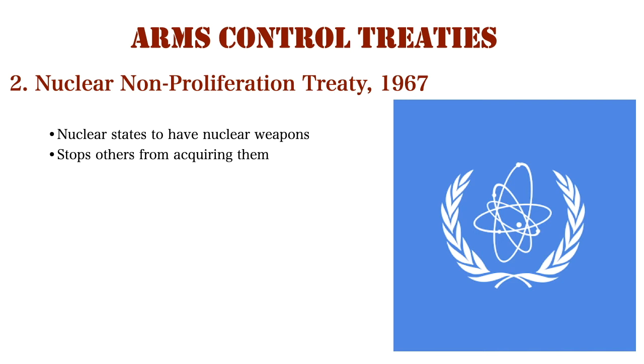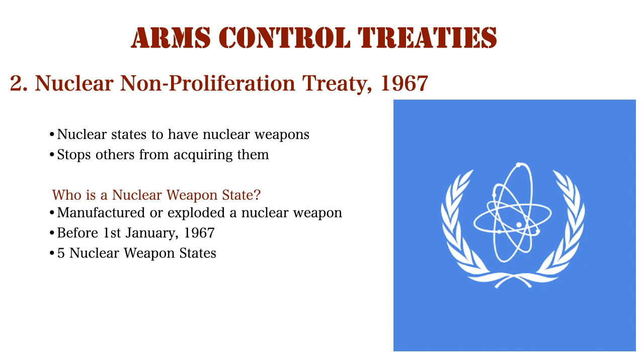Now the next question would be, who is a nuclear weapon state? Okay, so a nuclear weapon state is a state that has manufactured or exploded a nuclear weapon or any other nuclear explosive device before 1st January 1967.